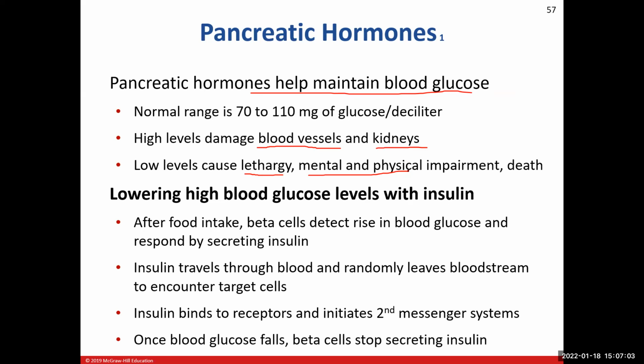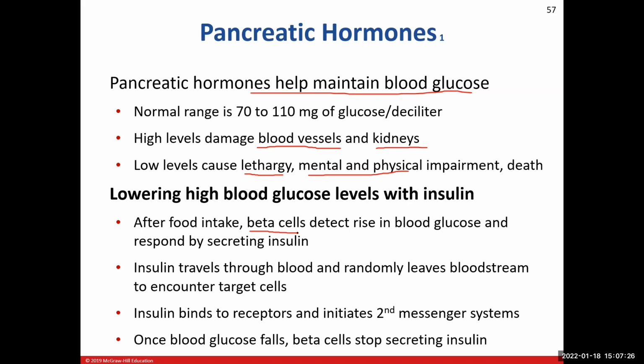So after I eat my meal, the beta cells in my pancreas start to pump out insulin because they've detected that there's been an increase in blood glucose levels because of that very high carbohydrate meal that I just ate. So glucose levels increase and insulin levels will also increase.